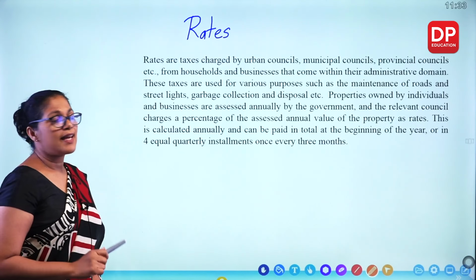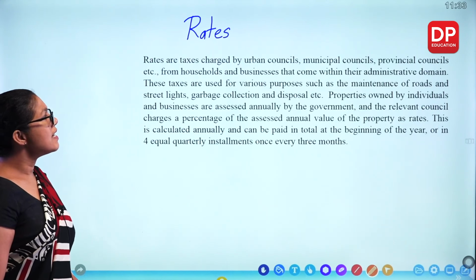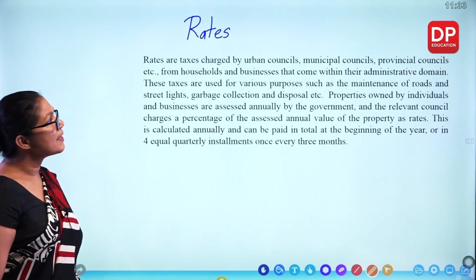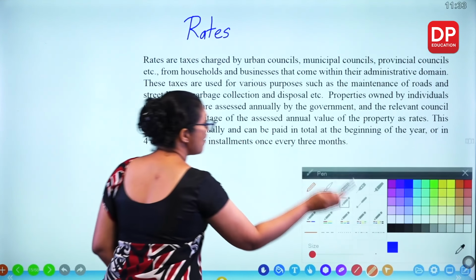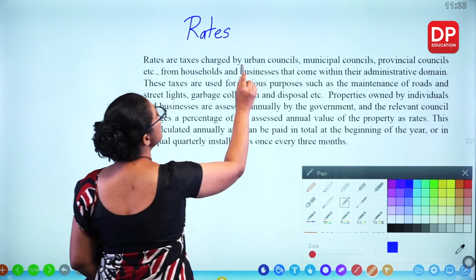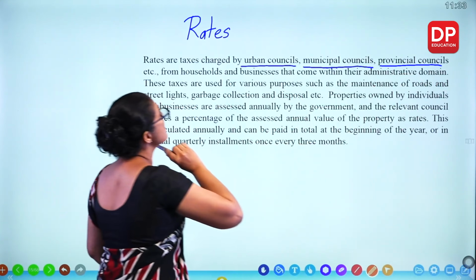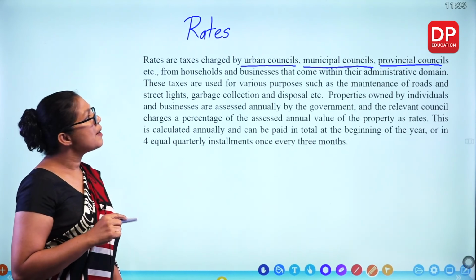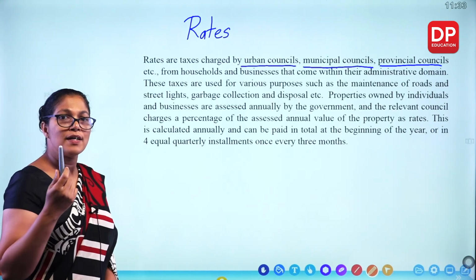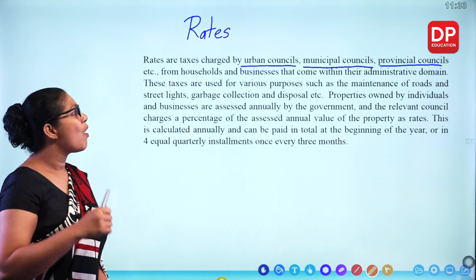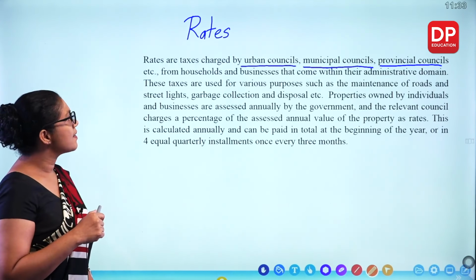Now we'll first take what are rates. Rates are taxes charged by urban councils, municipal councils and provincial councils. So we need to give money to urban councils, municipal councils and provincial councils from households and businesses that come within their administrative domain. If you have a house or a land or a business, we have to pay this tax.